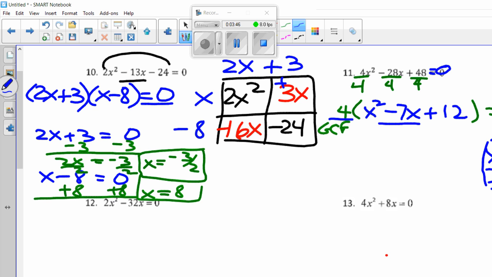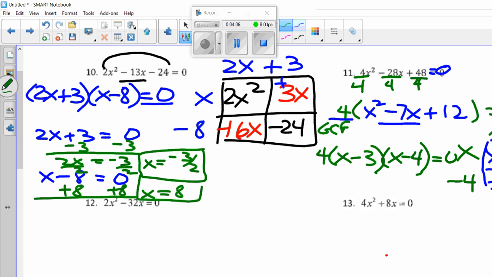They add up to negative 7. And if I factor out my common factor, I get x minus 4 and x minus 3. So I have the 4, and I got x minus 3 times x minus 4. And I want that to equal 0.